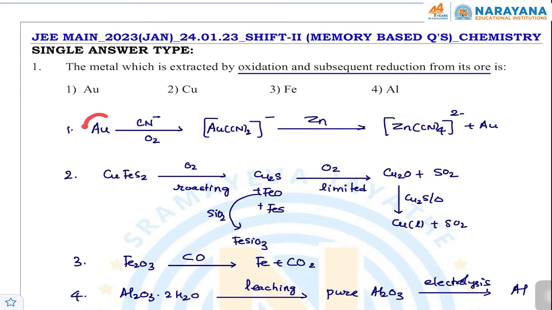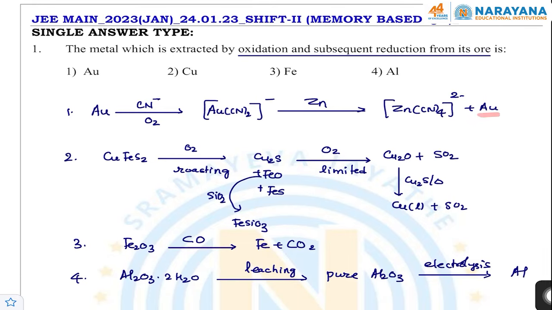Gold, we know that it is extracted by the cyanide process, where it is leached with cyanide solution in presence of O2. That forms a complex Au(CN)2 minus, which is further reduced by zinc to give gold metal. Now we can see that in this process, cyanide is acting as complexing agent and O2 is acting as oxidizing agent.